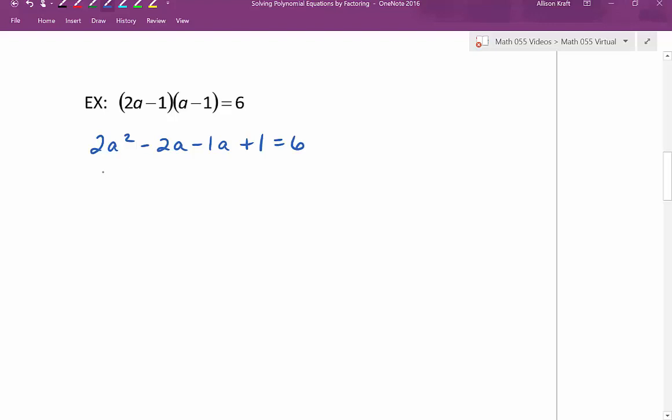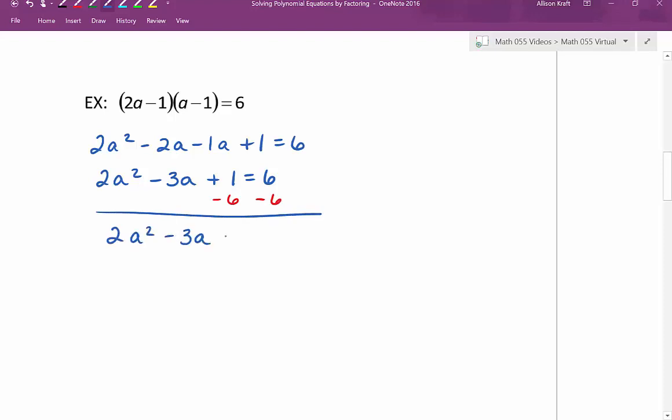Combining like terms on the left, we get 2a squared minus 3a plus 1 equals 6. Next, we want to set our equation equal to 0, so let's subtract that 6 over. We have 2a squared minus 3a minus 5 equals 0.